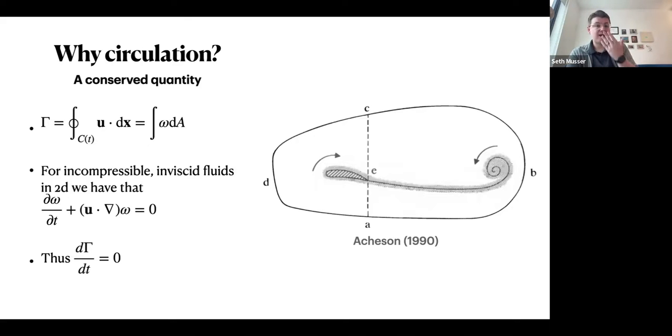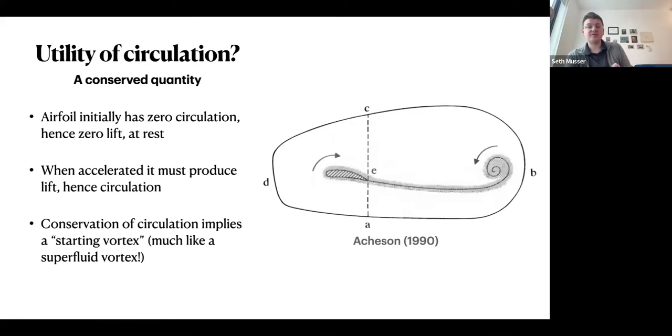So this already helps us to understand some of the dynamics of generating lift around an airfoil. We know initially this airfoil will be at rest and thus have 0 circulation, which means that this loop A, B, C, D must have 0 circulation. When we accelerate the foil, empirically we know that there's lift, and that means the foil must have some circulation around this loop, A, E, C, D. But conservation means there must be an equal and opposite circulation in this last loop here.